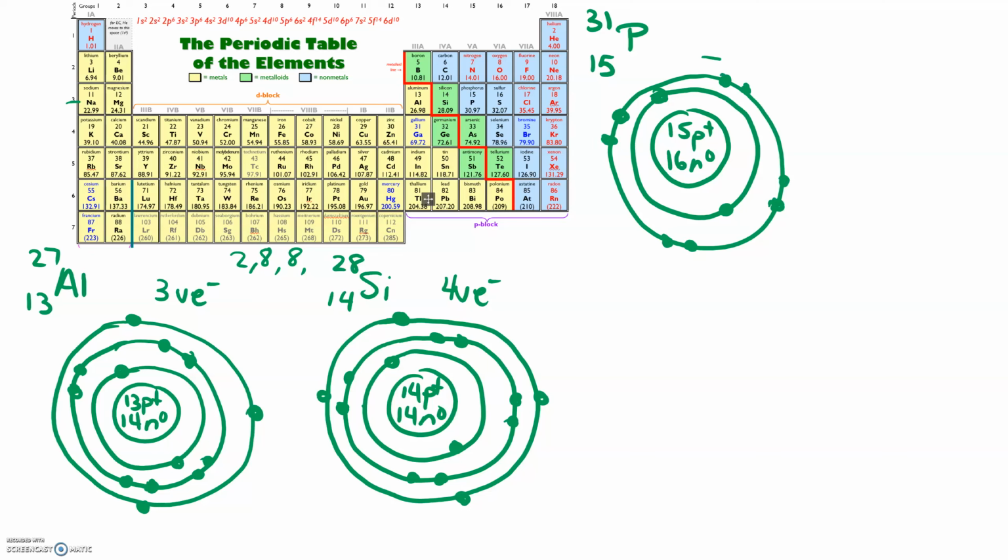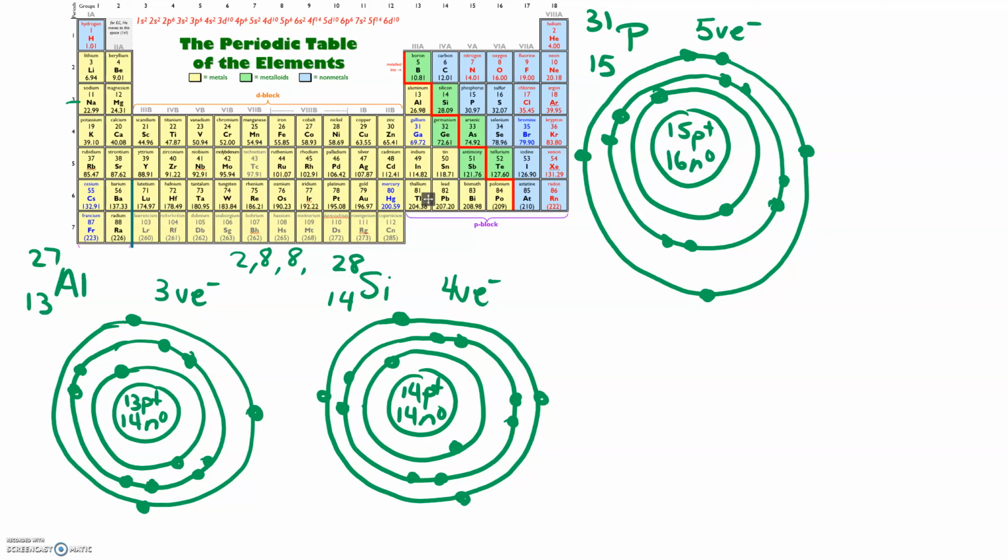And phosphorus is in period 3, so it's going to have 3 circles. I've placed 10, 11, 12, 13, 14, and 15. Valence electron for phosphorus is 5 valence electrons. Remember, once again, valence electrons are the electrons that are in the outermost circle.